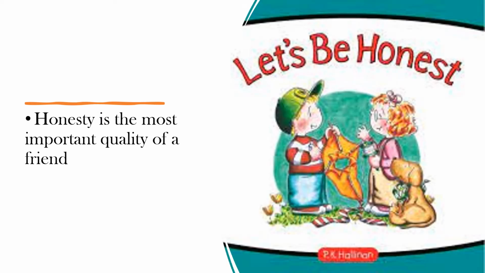Alright, let's recall. Tell me if you agree or disagree with the following statements. Honesty is the most important quality of a friend. Answer: agree or disagree. Your answers may vary depending upon your reasoning.